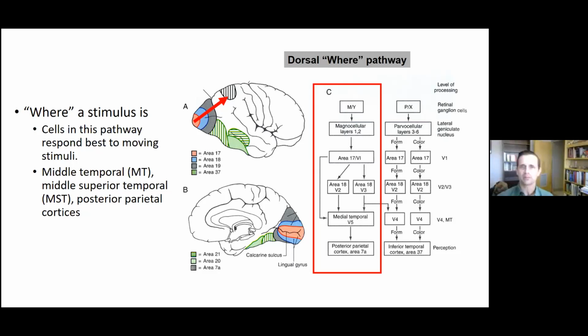Awesome. Think moving, magnocellular. All right, so we're going to incorporate our middle temporal, our middle superior temporal, and our posterior parietal cortex, and all of these are part of the cortex of the brain.